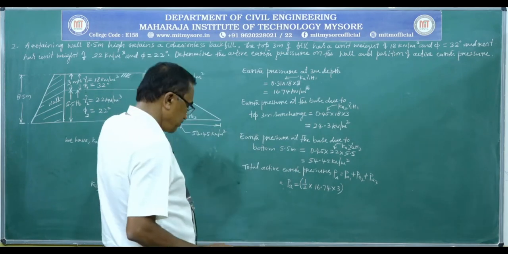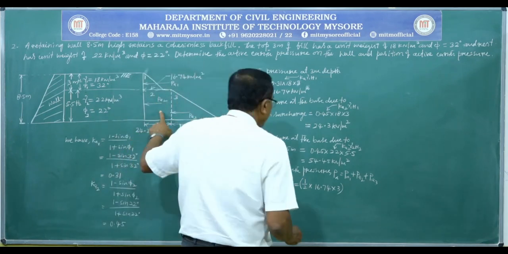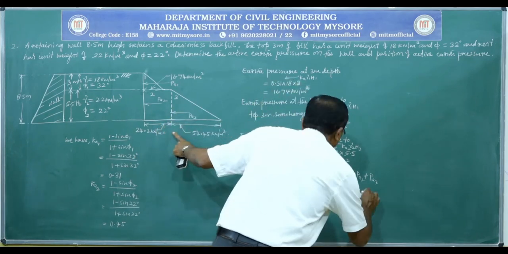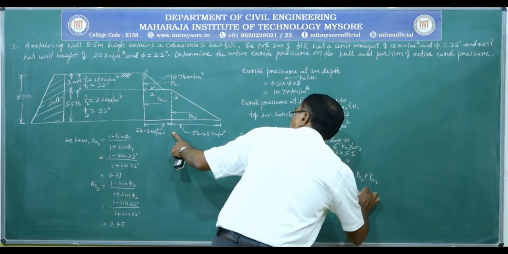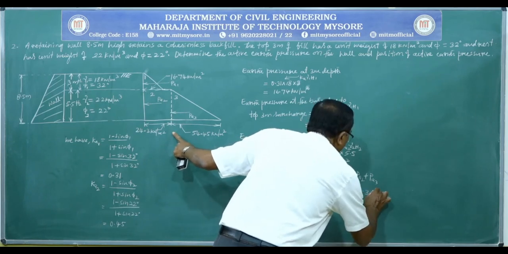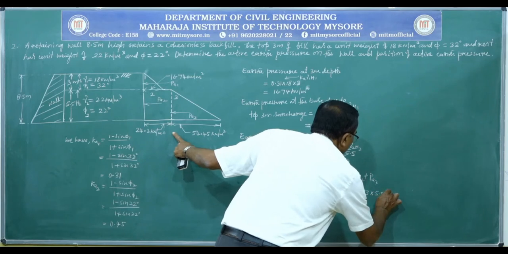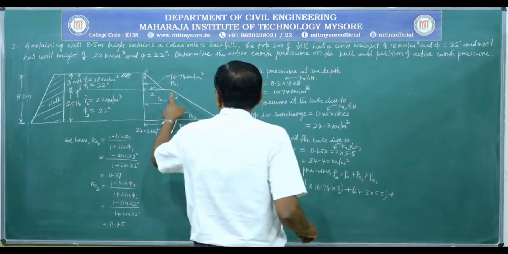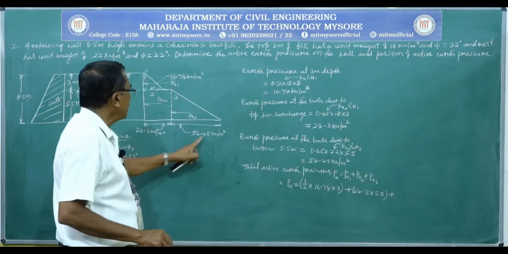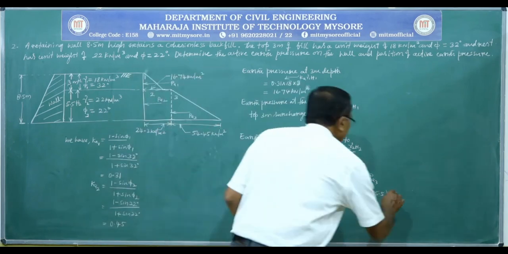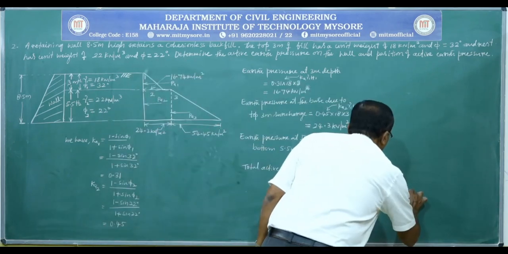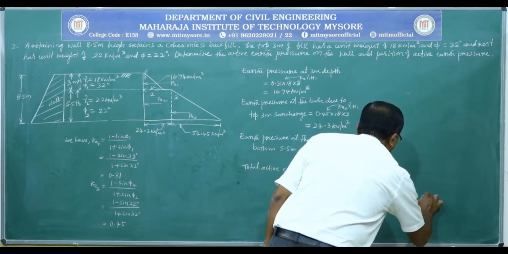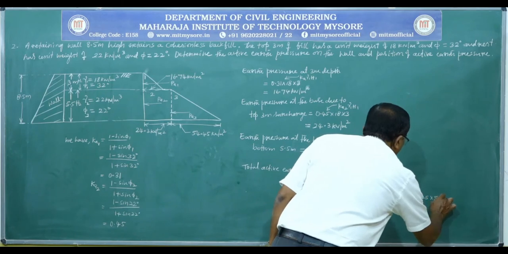Next, earth pressure acting on this rectangular portion is equal to plus base into height, 24.3 into 5.5, plus earth pressure due to this triangle, half into 54.45 multiplied by 5.5.